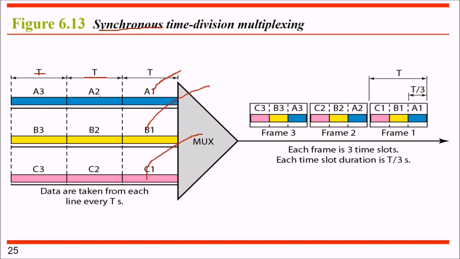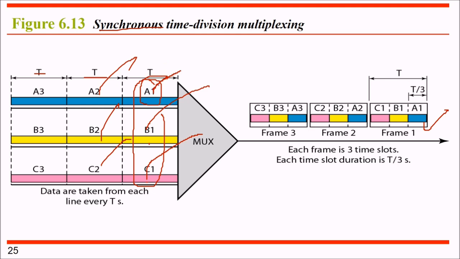After that, we send A2, B2, C2. So data are taken from each line every t seconds. The first frame will be A1, B1, C1, and the time t is divided into t by 3.